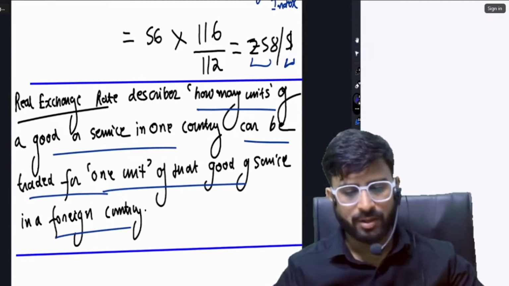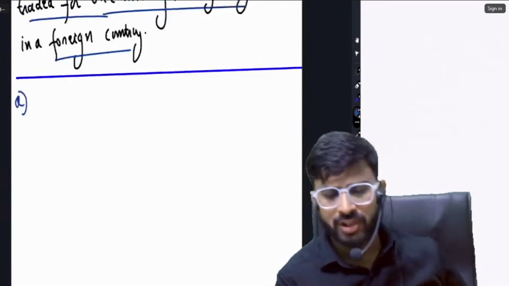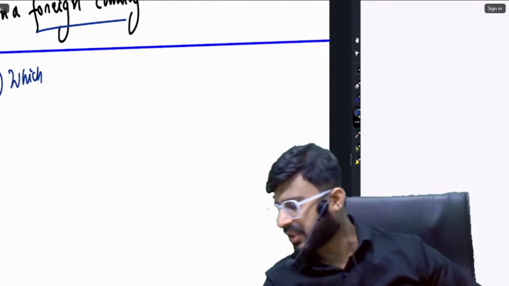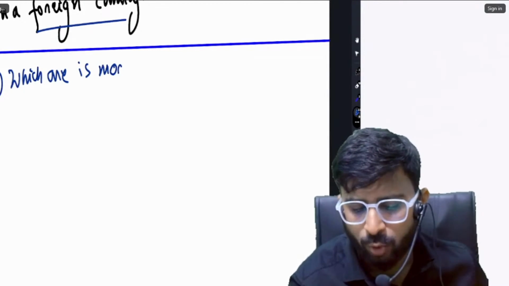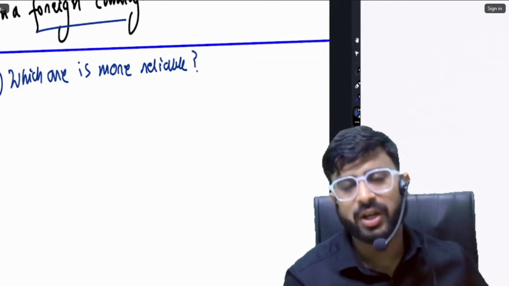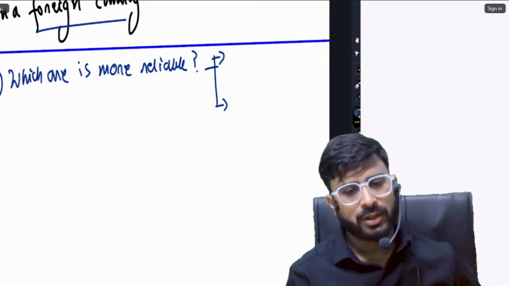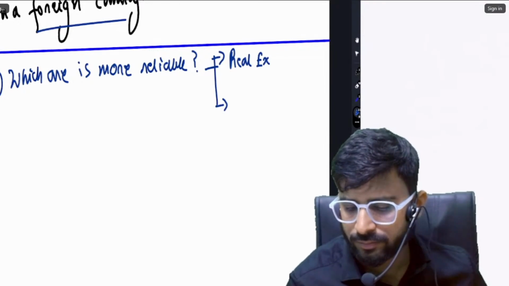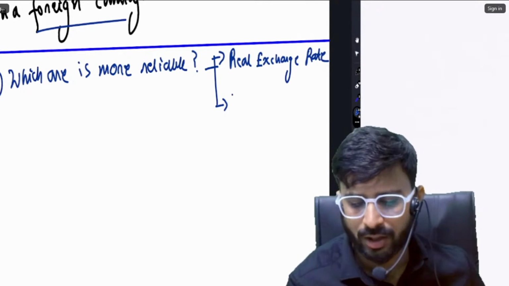Now, I have a question. It's not exactly an MCQ question, but let's ask this. If you have understood, answer correctly. Which one is more reliable? My question to you all is, which one is more reliable? I present to you two options: number one, real exchange rate, or number two, nominal exchange rate.